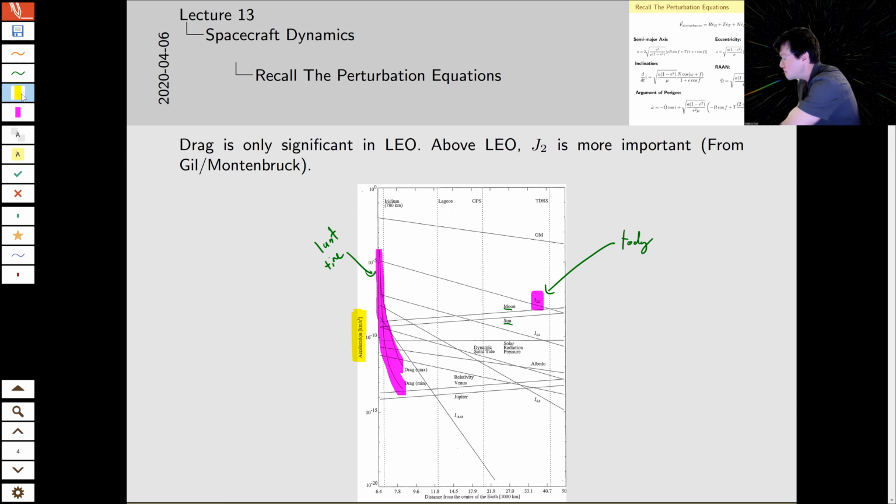There's also these J22, J66, these others. Actually, I think that one is more like J3 in our parlance. Those are also Earth oblateness effects, but we won't be focusing on those in this lecture. You can see that they're still significant, but we'll be focusing on this one, however.